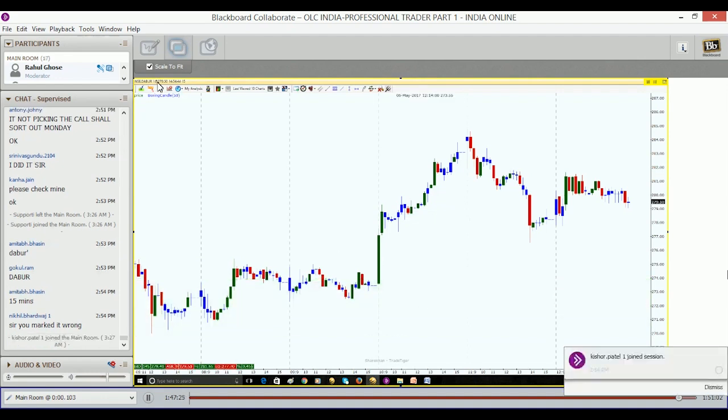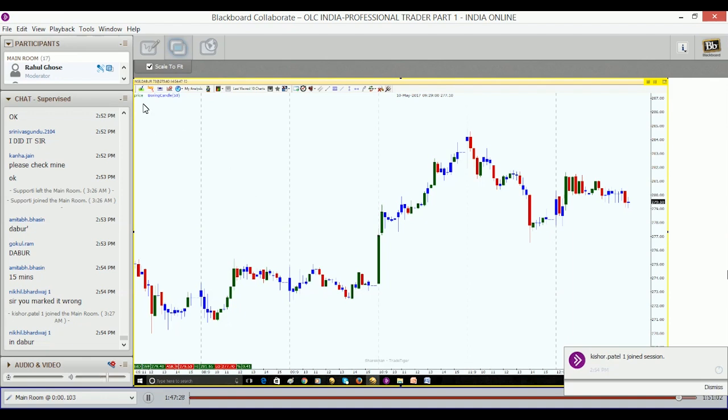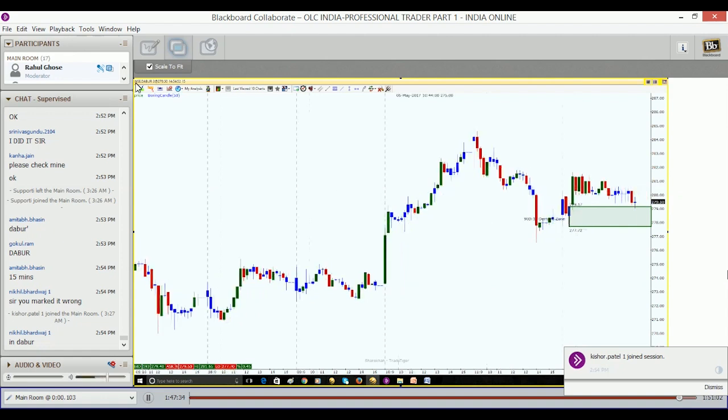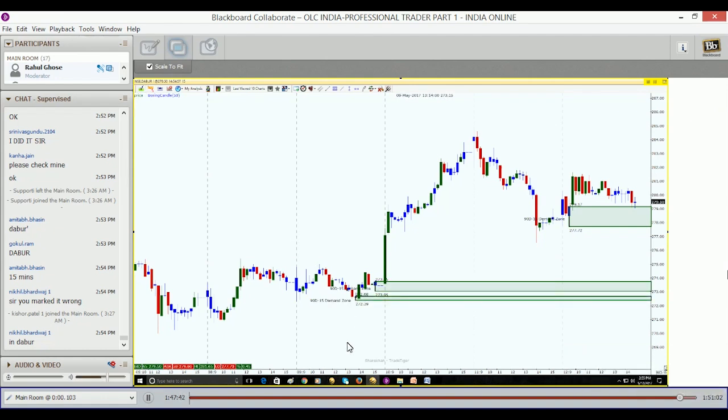We had one level over here. This one. Okay, now it is tested, but at that time it wasn't. We had one level over here, and we had one level over here. These were the three levels in Dabur.